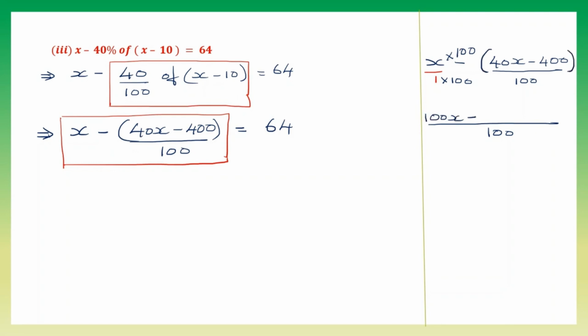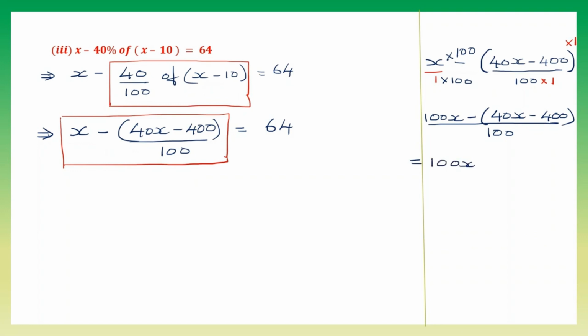So first let me leave the minus sign as it is and work out with the rest. So here 100 into 1 is equal to 100. So I need to multiply this whole numerator into 1. So 1 into that whole thing will give me back the same numerator. So that is 40x minus 400. Now let me open the brackets. So here I have 100x.